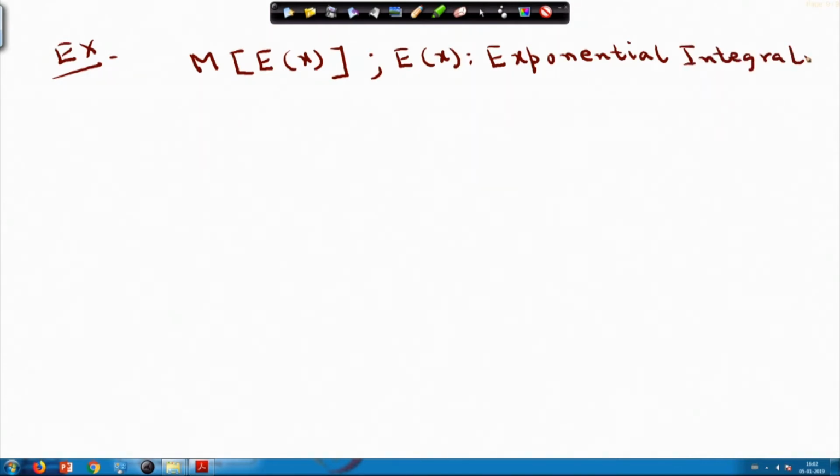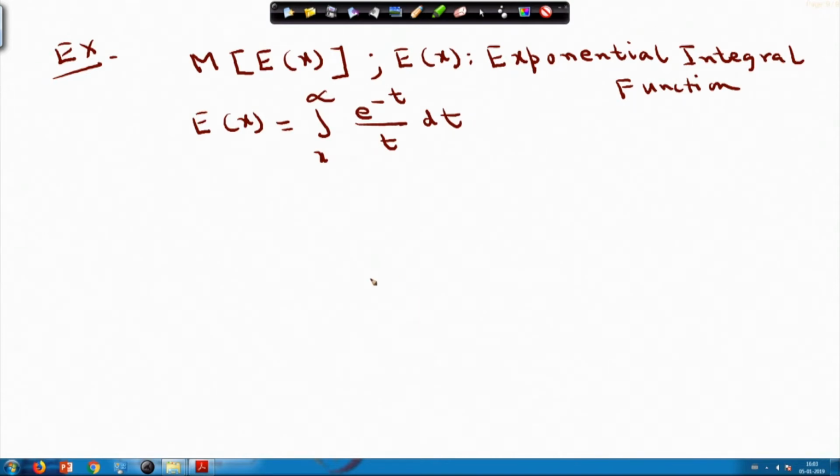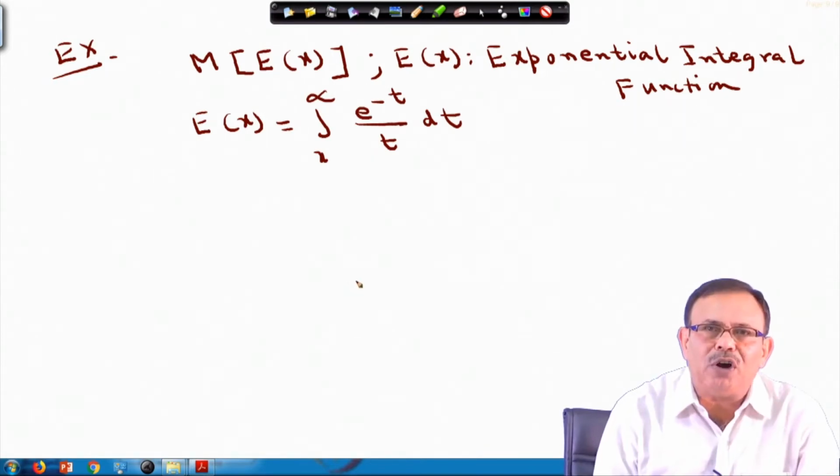The exponential integral function is given by E of x equals the integral from x to infinity of e to the power minus t by t dt. So, we want to find the Mellin transform of E of x.